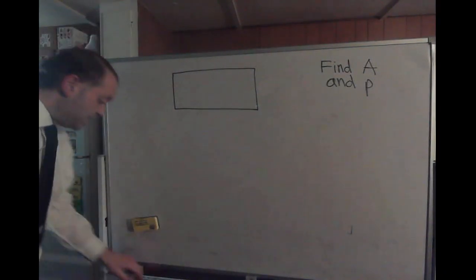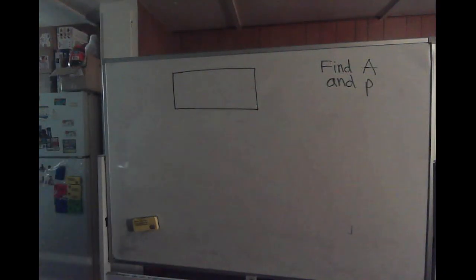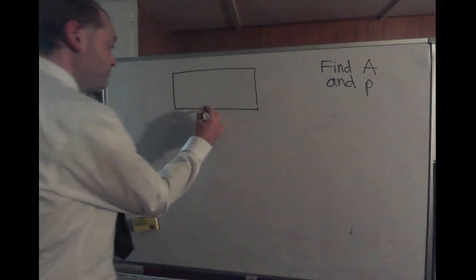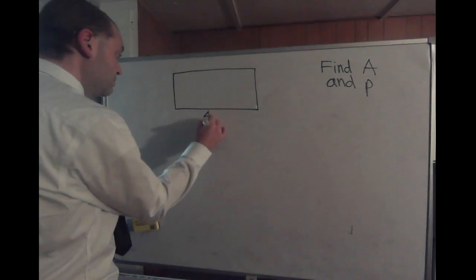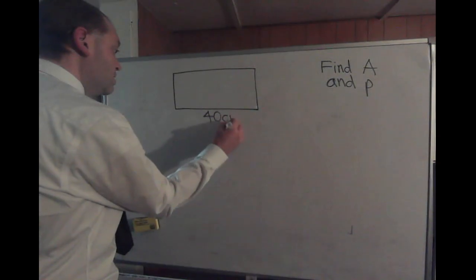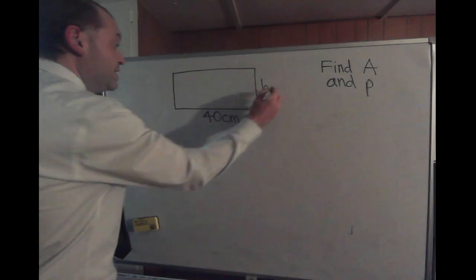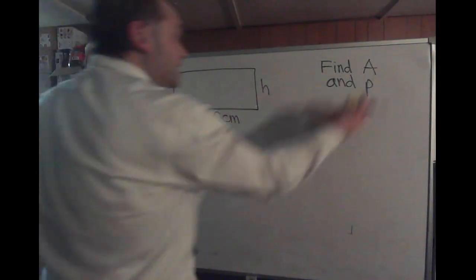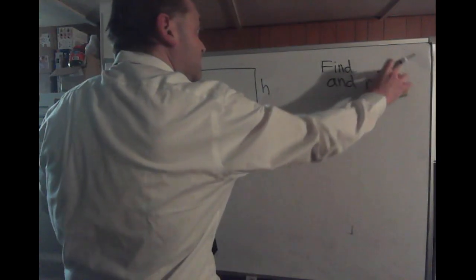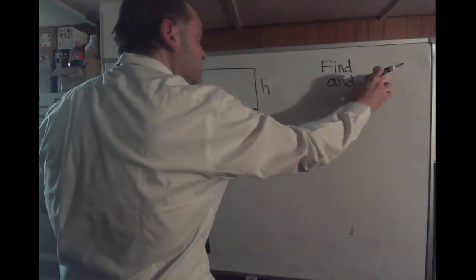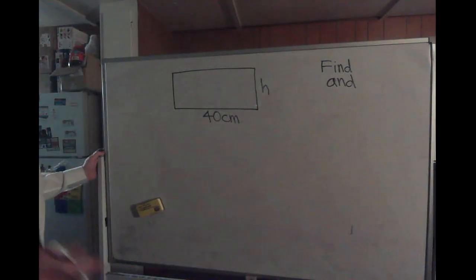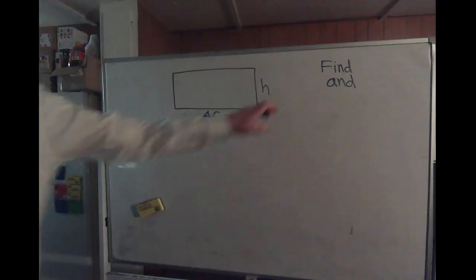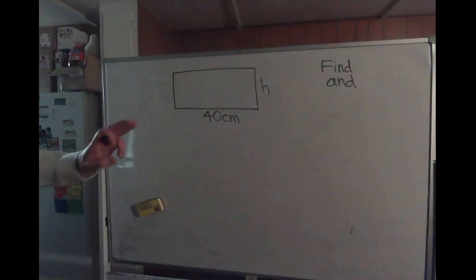Let's see what we have next. We don't know the height this time. We know the length of the base, which is 40 centimeters. The length of the height we don't know, and we don't know the area.